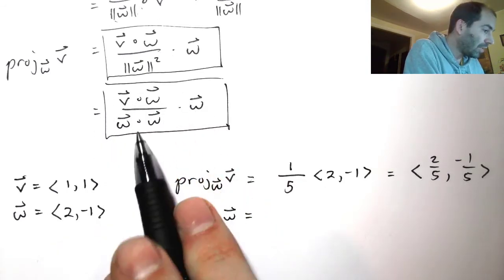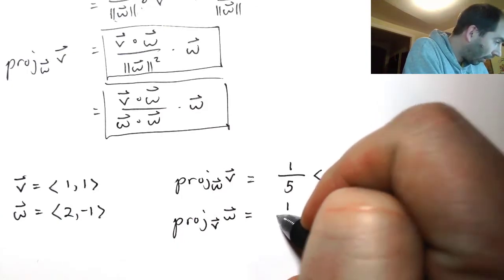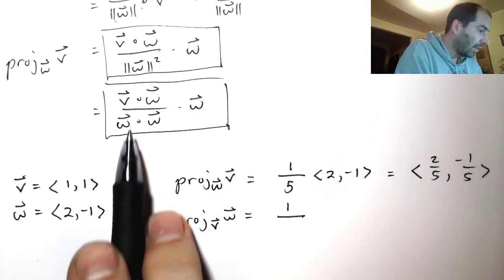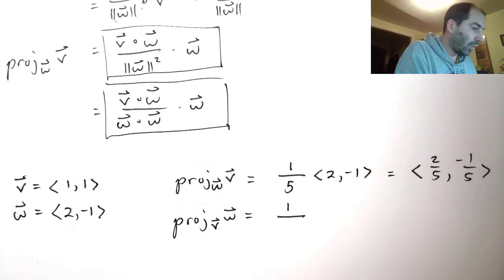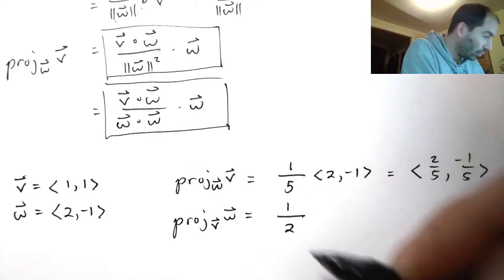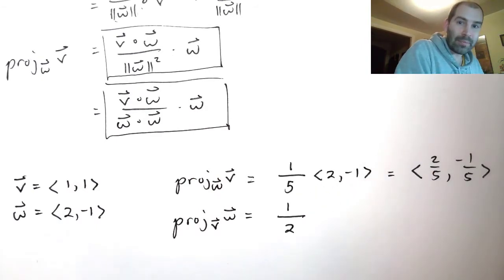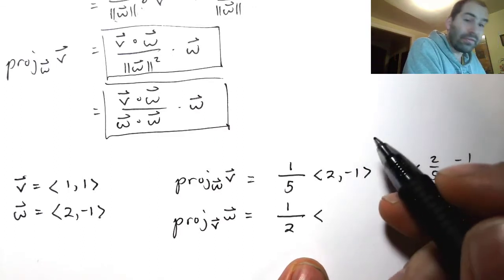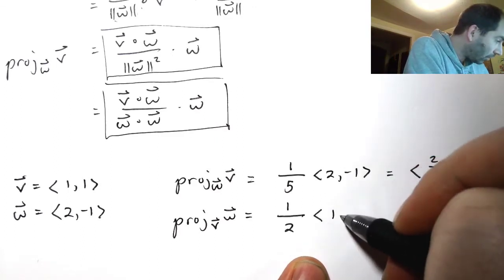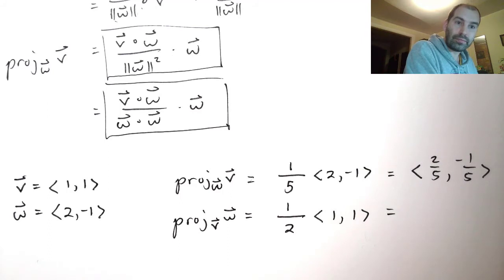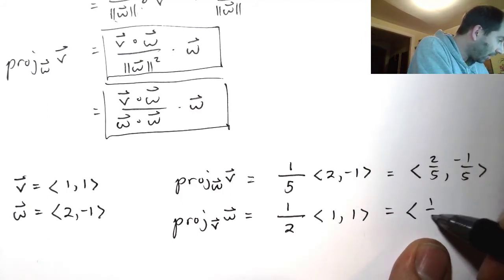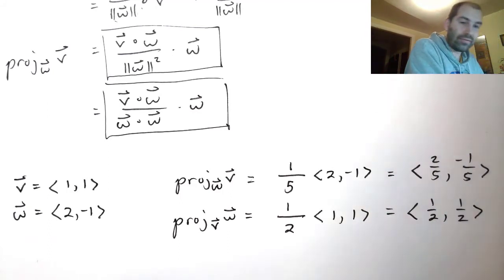All right, w dot v is the same as v dot w, so I'm still going to get a 1. But now I'm dividing by the length of v squared, right, which is 2. And I'm going to multiply that by the vector v, which is the vector 1, 1, which when I multiply that out, I get 1 half, 1 half.